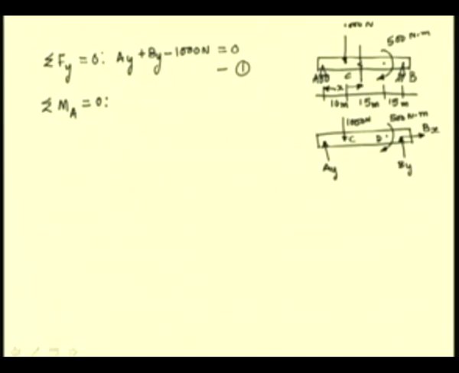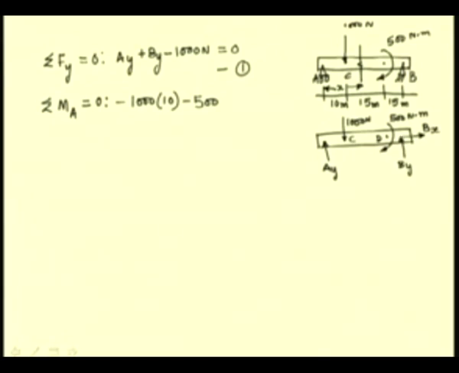We have the 1000 Newton force having a clockwise moment about A, which is a negative moment. So, we have minus 1000 into 10, which is the moment arm. At D, we have a clockwise moment of 500 Newton meter, which is also a negative moment.